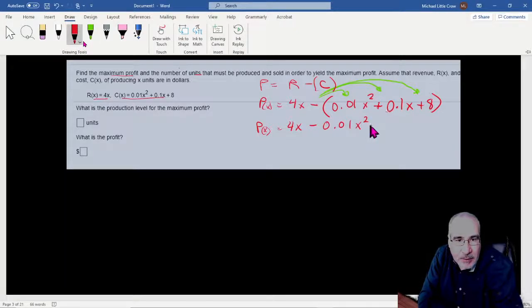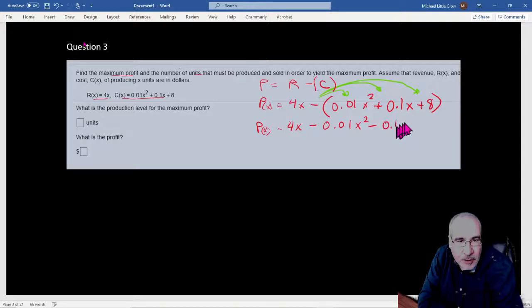Okay, so when we distribute, this becomes a negative 0.1x and a negative 8. Then combine like terms, 4x and negative 0.1x, so 10 cents per thing.